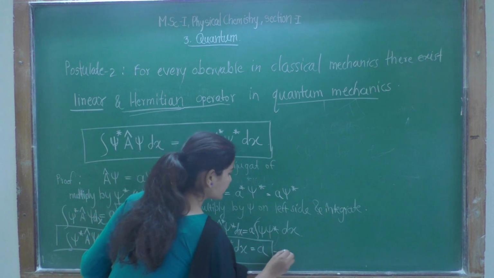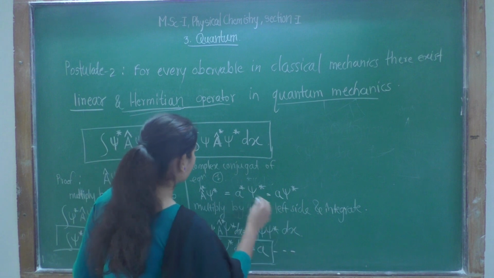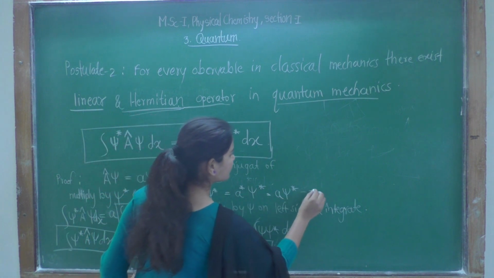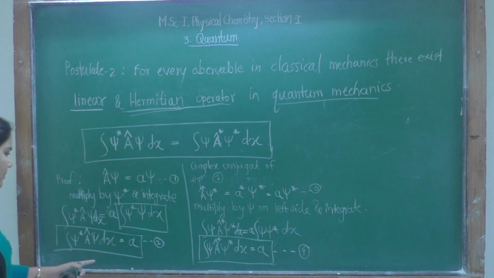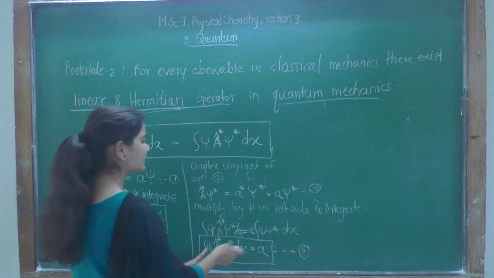This is equation number 2, this is 3 and this is 4. So we get equation number 2 and 4. From these two equations, see this is equal to a, this is equal to a.